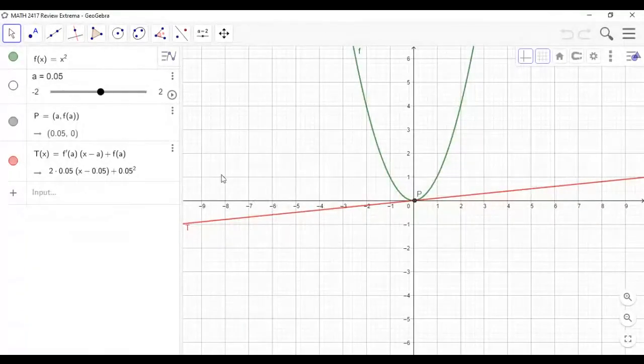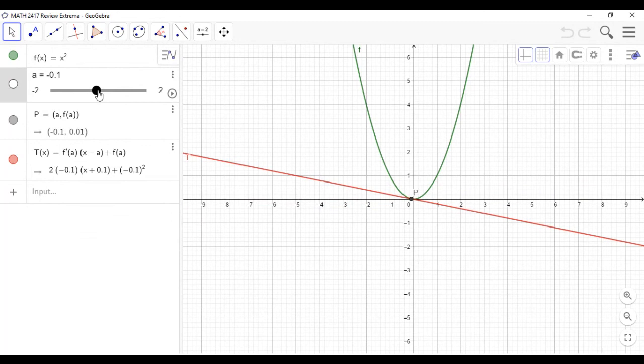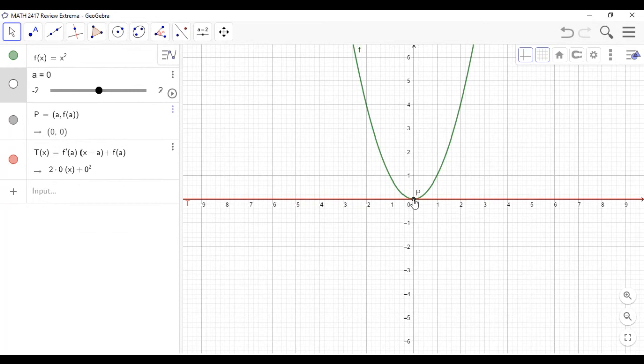Okay, so the whole theory behind finding extrema using calculus is that when the derivative is 0, our tangent line is flat, right? Which is horizontal. And that means we have the chance to have a maximum or a minimum.